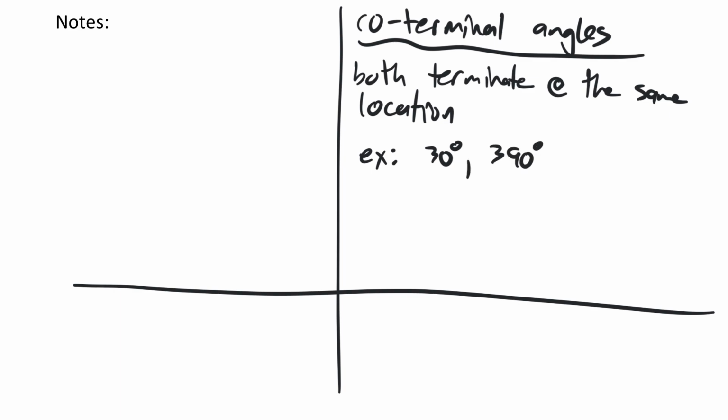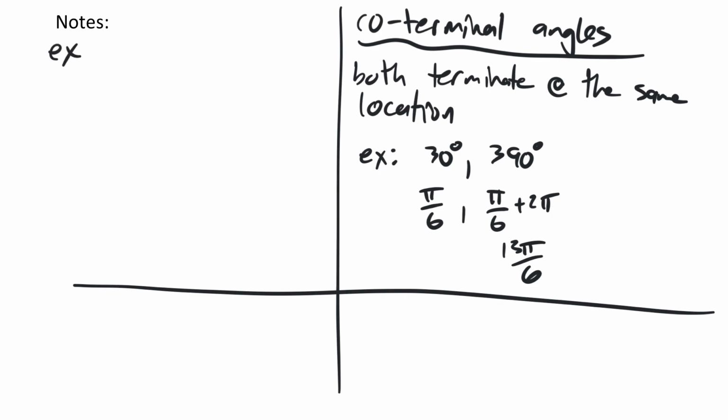They both have the same principal angle. They're both at 30. It's just that the 360 has gone around once. Or we could do them in radians, pi over 6 and pi over 6 plus 2 pi, which if we were to write that as a nice fraction would be 13 pi over 6.